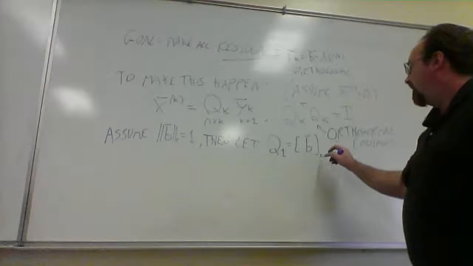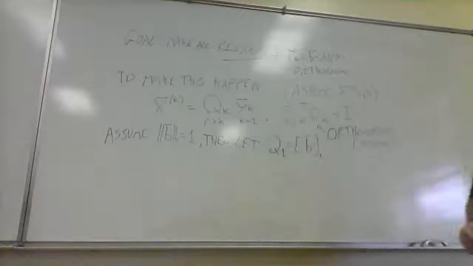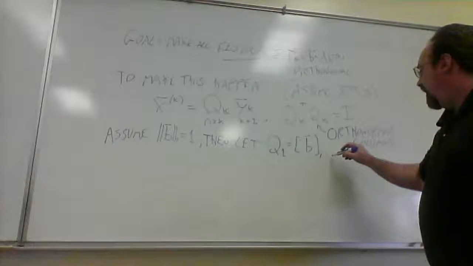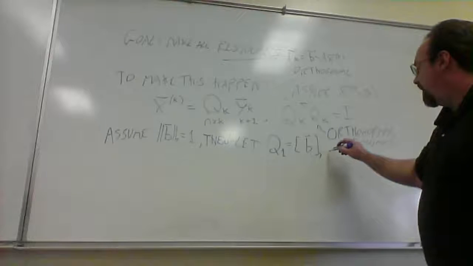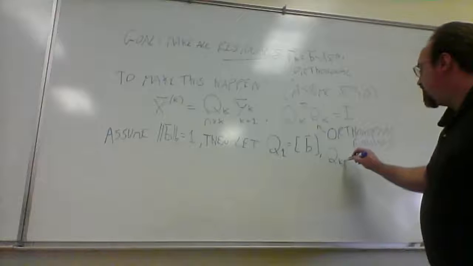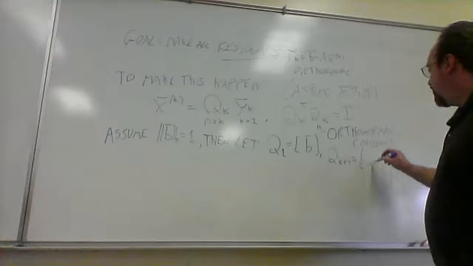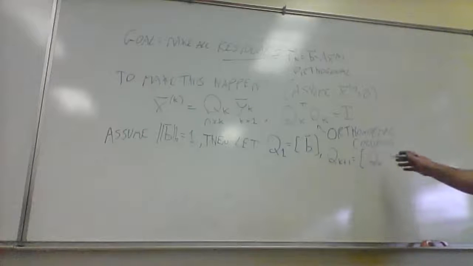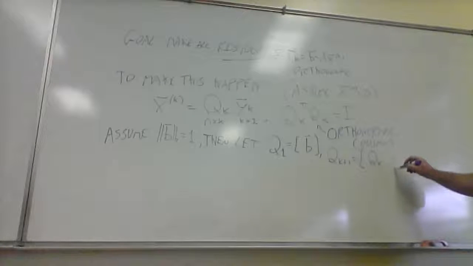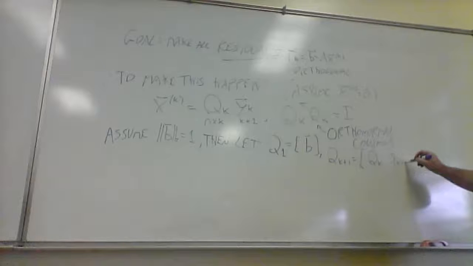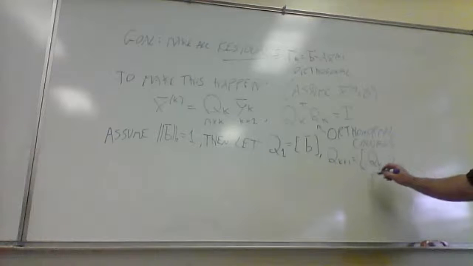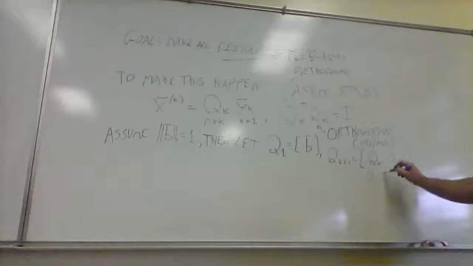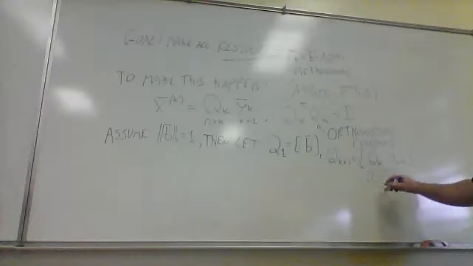So in fact, what I'm going to do is keep building these Q's up from one another. Each new Q is going to be the previous Q, so the old columns we keep around, and then we just add on a new one. And therefore, q1 is just going to be b.